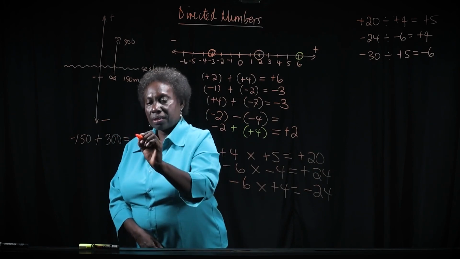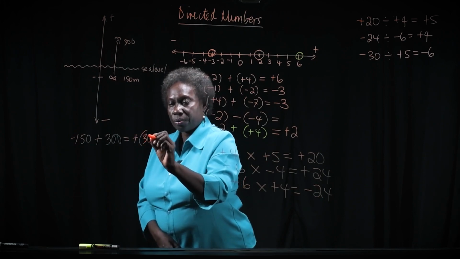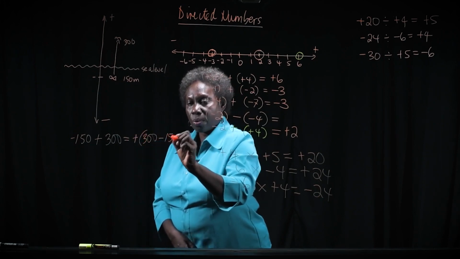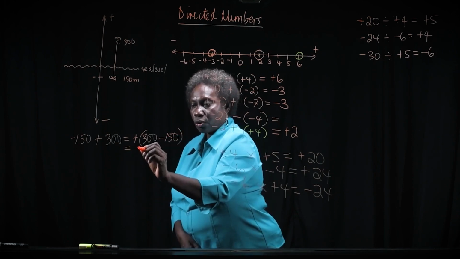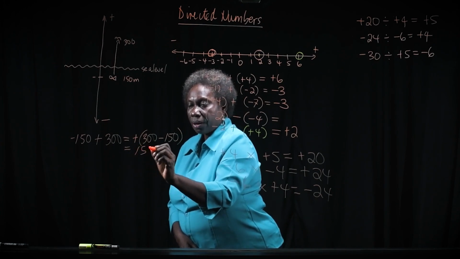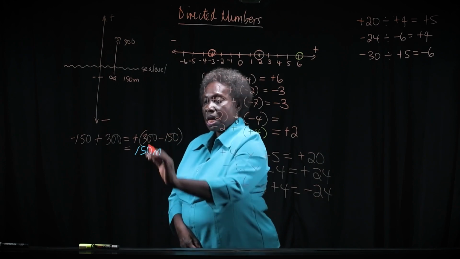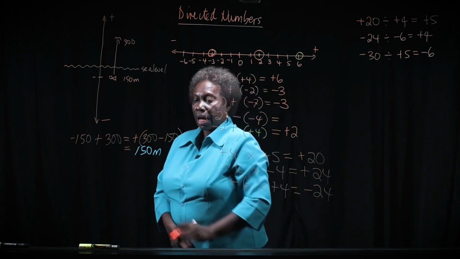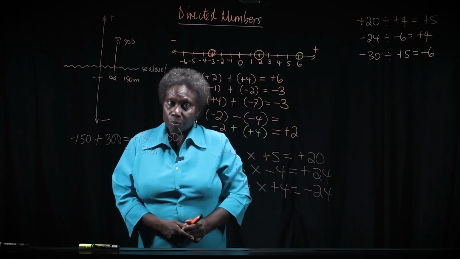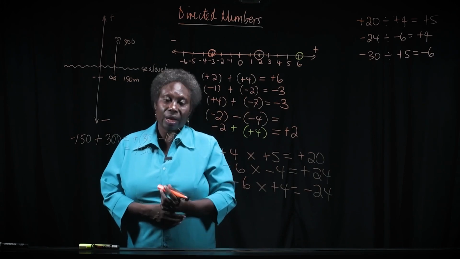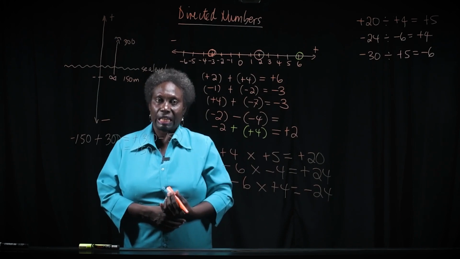So my answer will be positive, and it will be 300 minus 150, and that gives me a height of 150 meters. Since it is positive, I just write it as 150 meters because when we are writing positive numbers, we don't normally write them with a positive sign. Only negative numbers are always written with a negative sign.